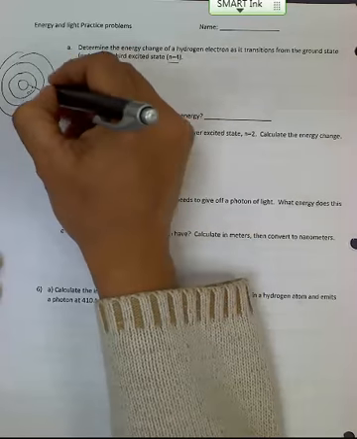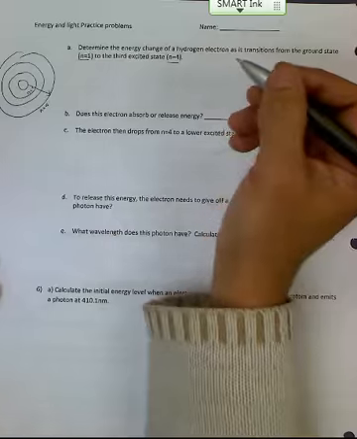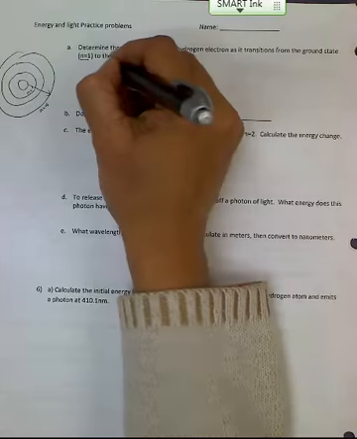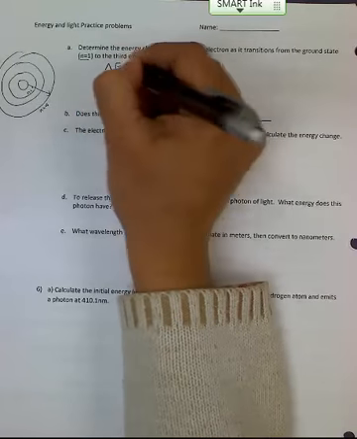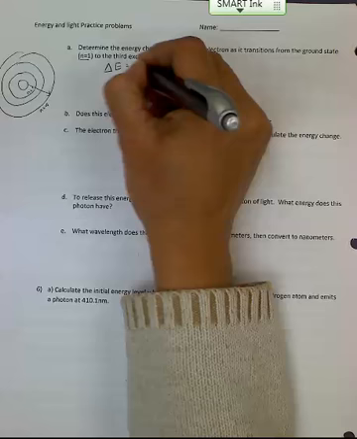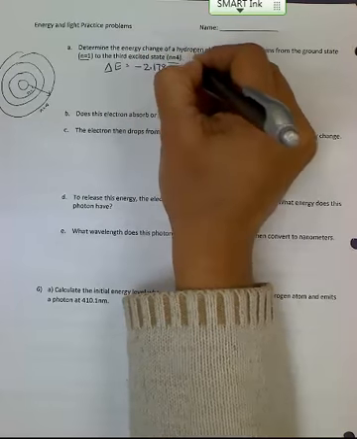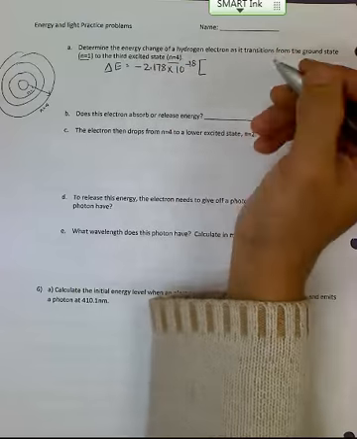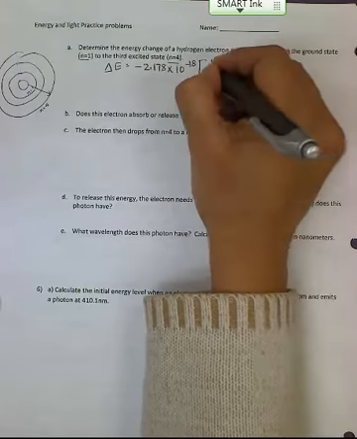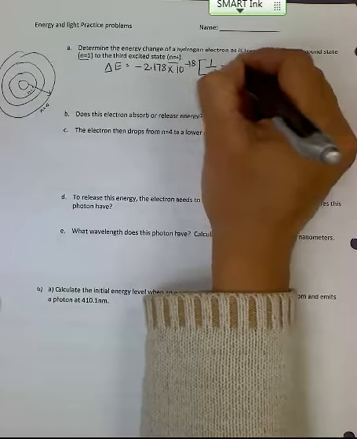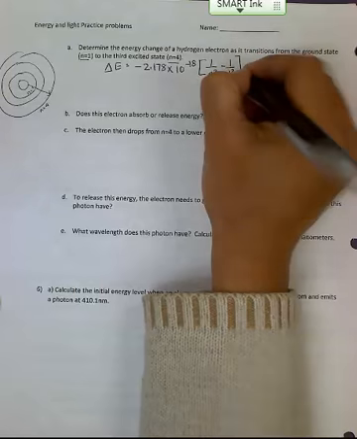Therefore, it's going to absorb the energy, and the energy delta E is given by the equation negative 2.178 times 10 to the negative 18 times the final state, 4 squared, minus the initial state squared.